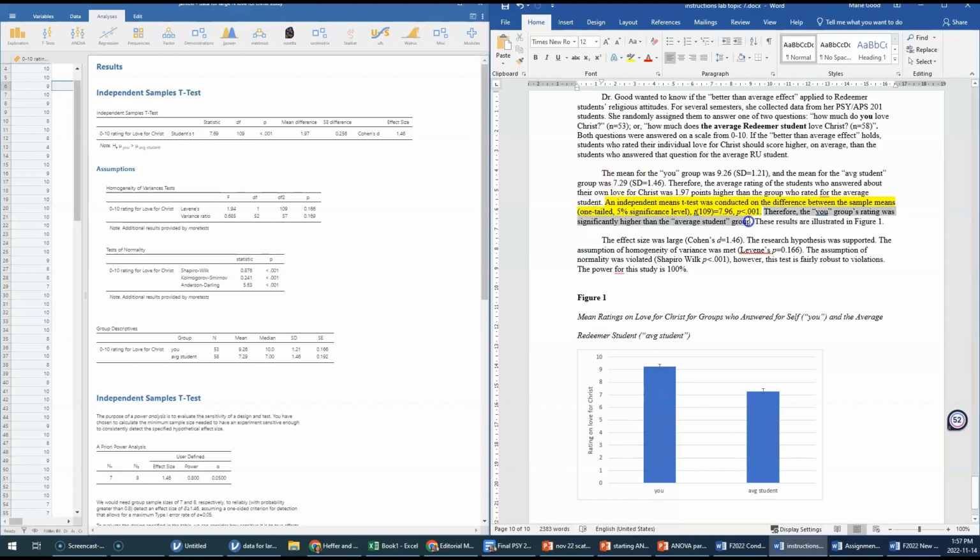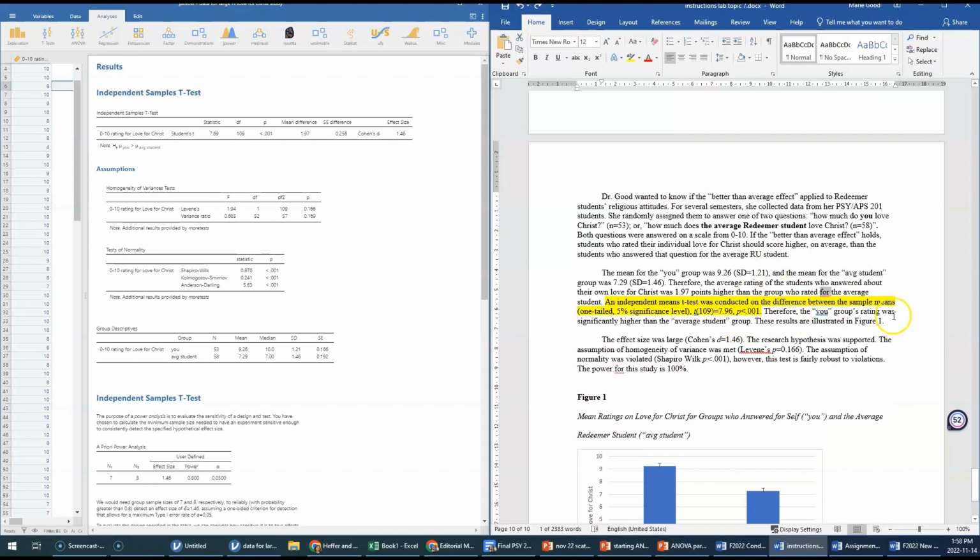And so if we had not significant results, then you'd say, like, therefore, the U group was not significantly higher than the average student group, right? But our results were significant, so it is significantly higher. And now we say that our results are illustrated in figure 1.